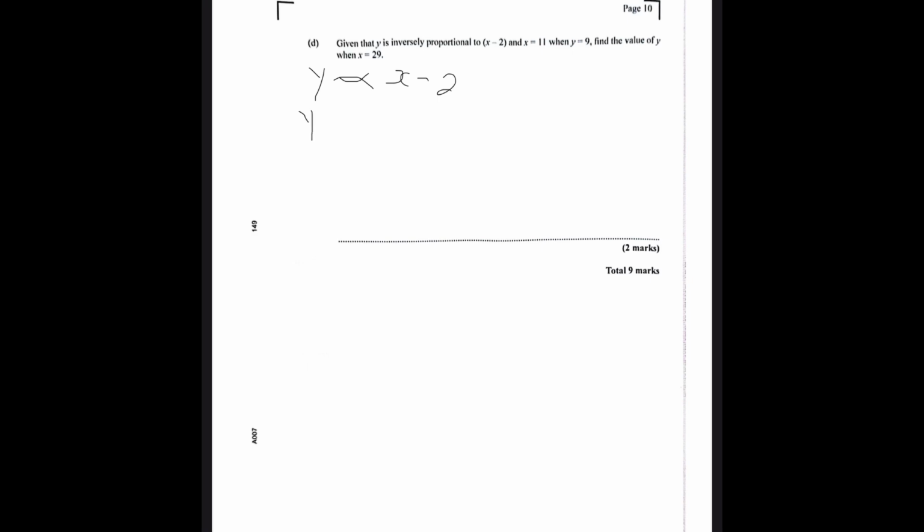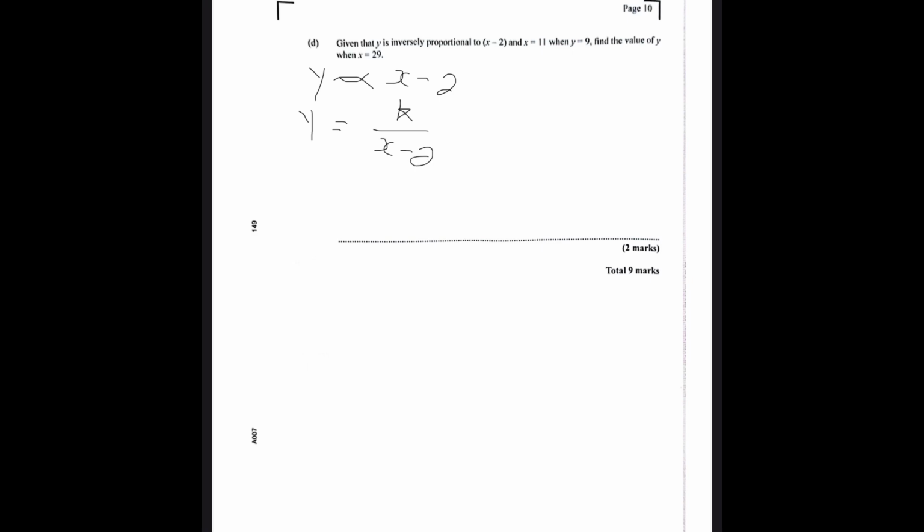So it'll be Y is equal, but when we replace the sign, we need to find a constant. The constant we can call k, so Y is equal to k over X minus 2.